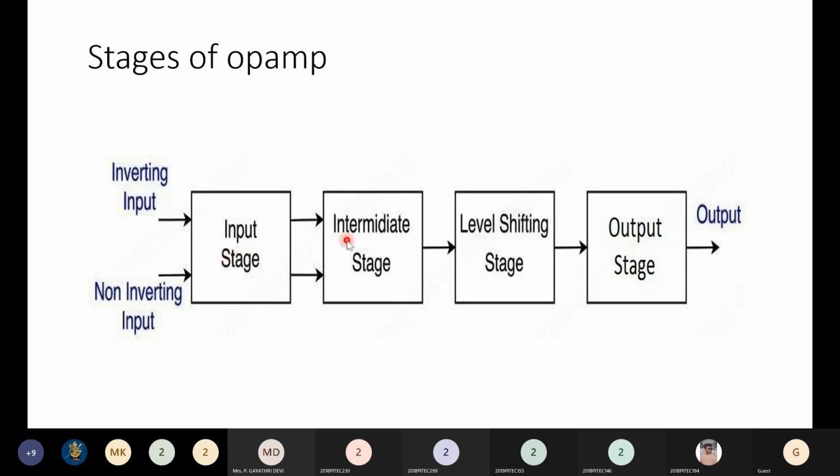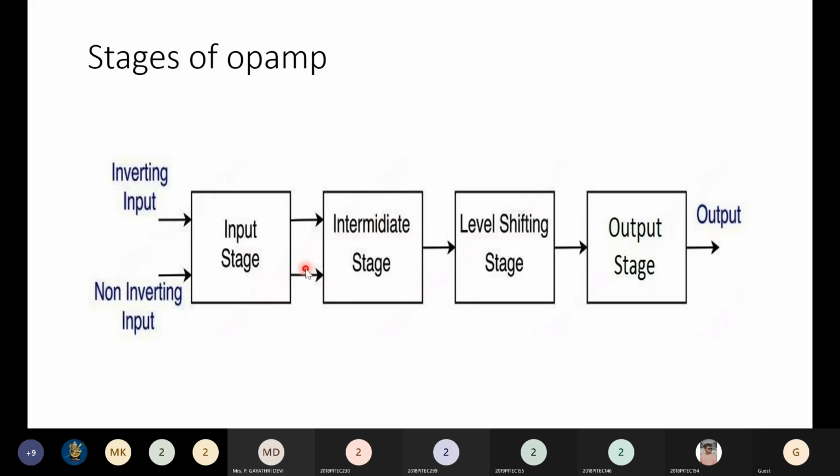Again, we have an intermediate stage. This stage is again a differential amplifier. The purpose of this is to increase the voltage gain as high as possible, and ideally the value goes to infinite. So when we talk about the ideal characteristics of an op-amp, we say that the ideal voltage gain of an op-amp is infinite. So that is achieved through this intermediate stage.